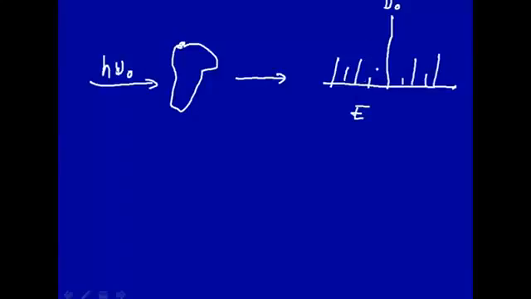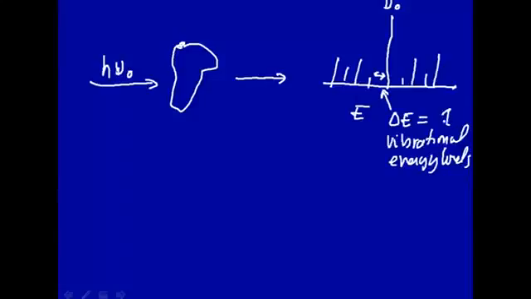And these differences in energy here, little delta E, which corresponds to a difference in frequency, is related to the vibrational energy levels. So it's a transition between vibrational energy levels.